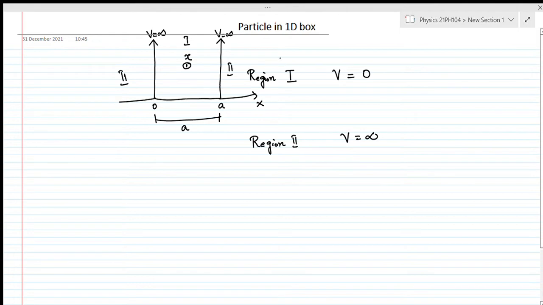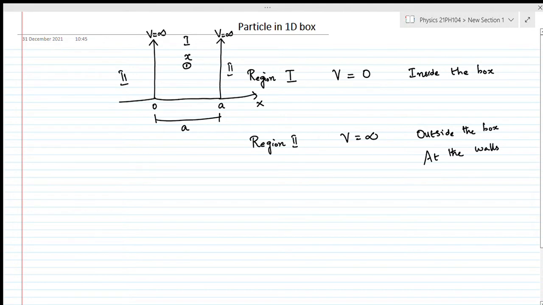So, region 1 denotes inside the box and region 2 denotes outside the box as well as at the walls of the box, where the potential energy is infinite. The width of the box is A and the mass of the particle is m.